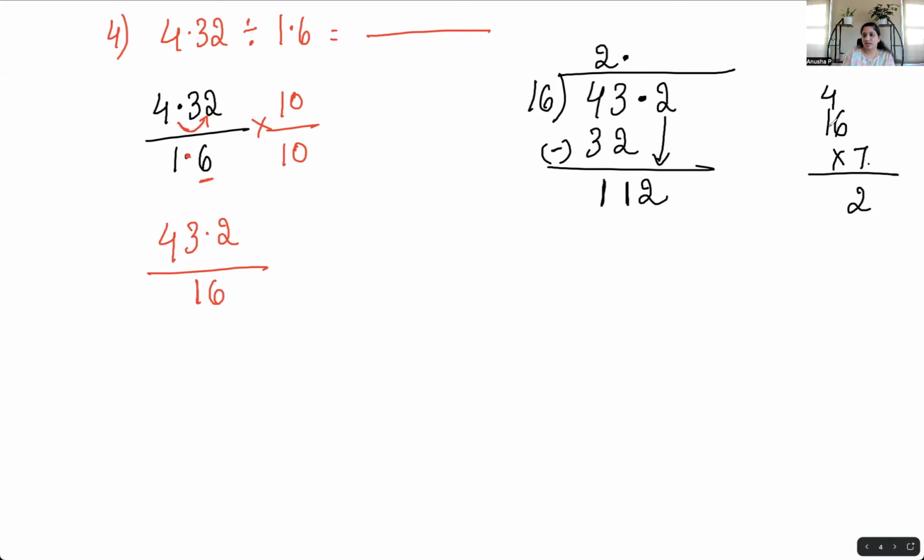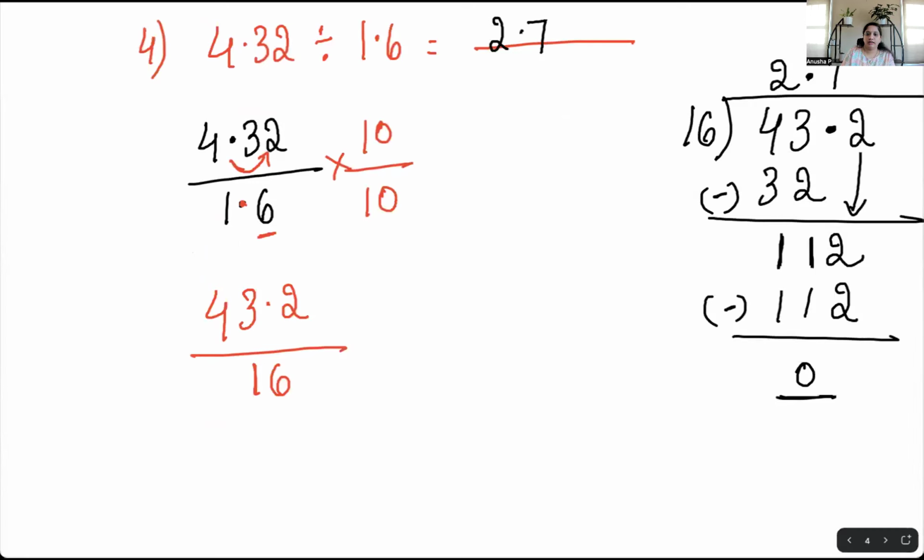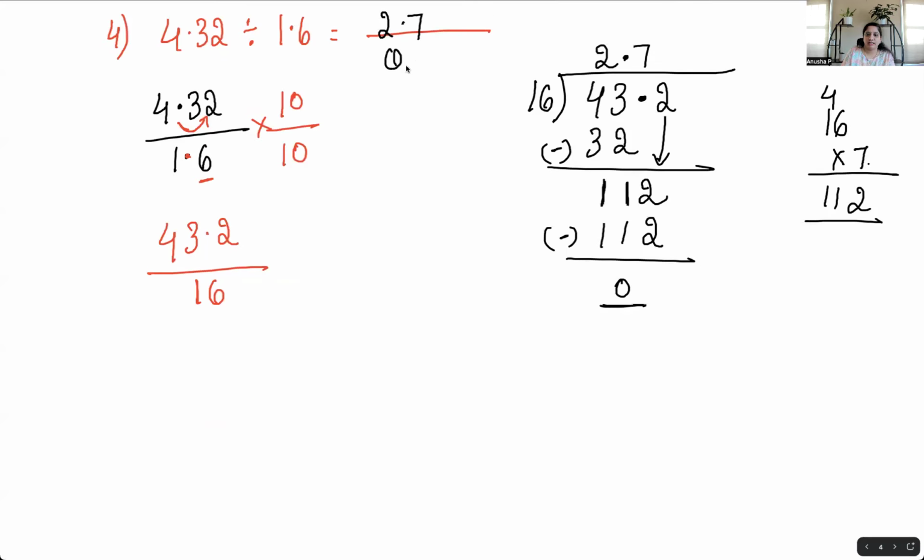And 7 times 1 is 7. 7 plus 4 is 11. So 16 times 7 is 112. So 112 minus 112 is 0. So which is 2.7. We got 2.7. That is the coefficient.